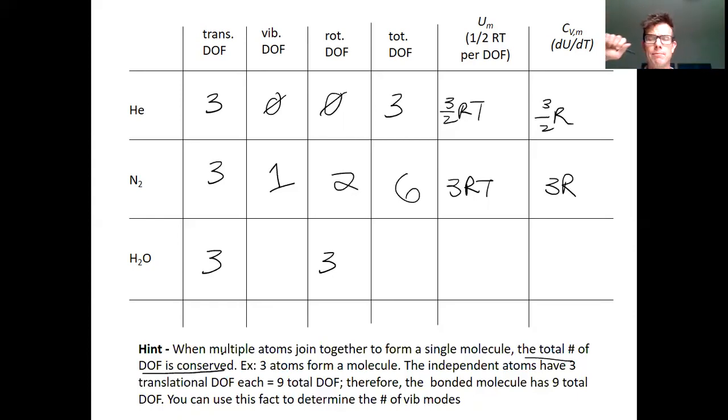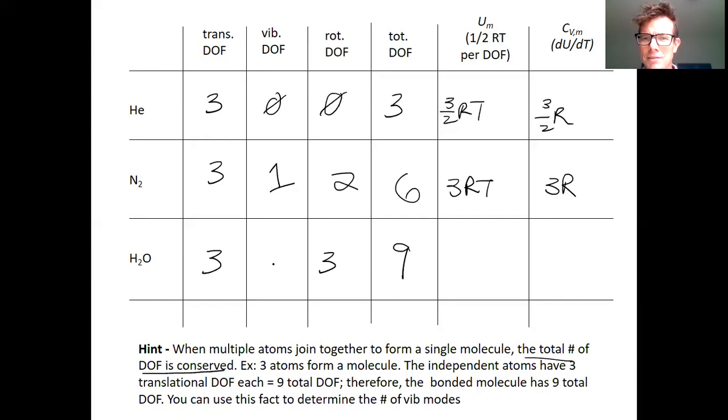Each independent atom, so 2 hydrogens and an oxygen, they're not bonded. They're just monatomic atoms. They have 3 translational degrees of freedom. 3 translational per atom times 3 atoms gives me 9 total degrees of freedom. When those atoms come together and form the bonded molecule, the total number is 9.